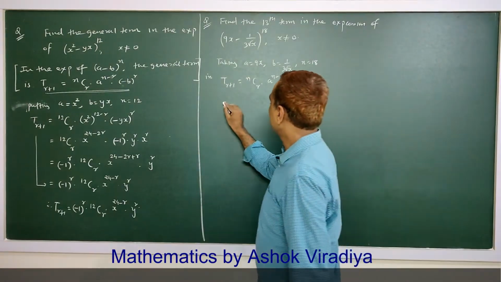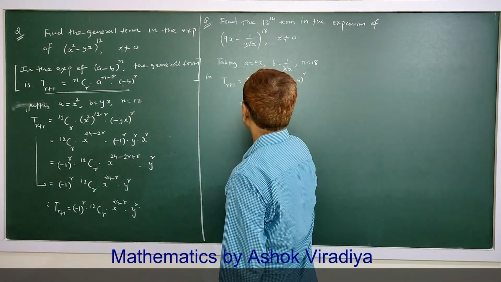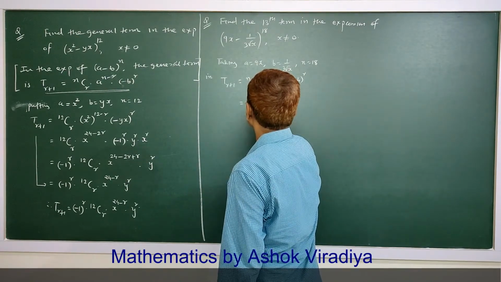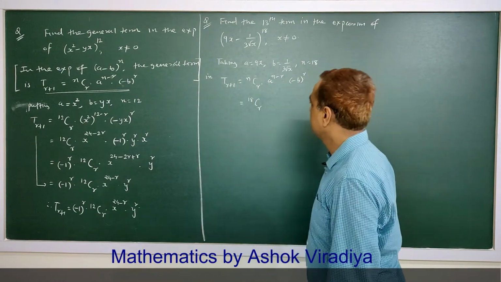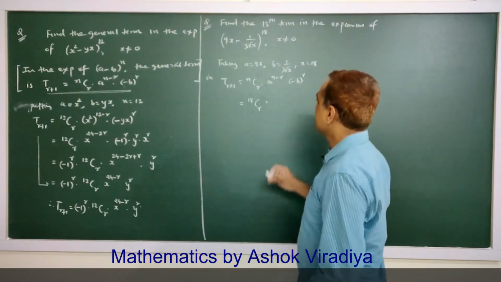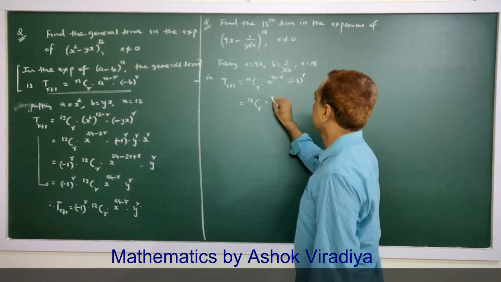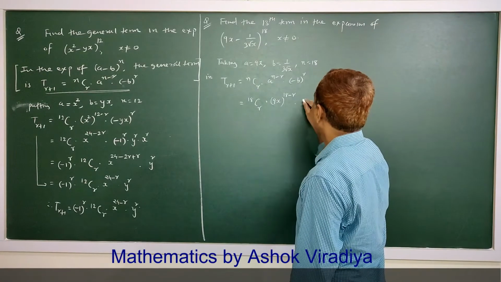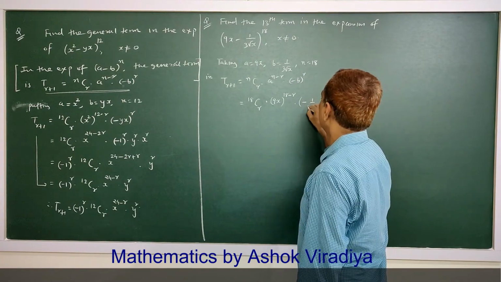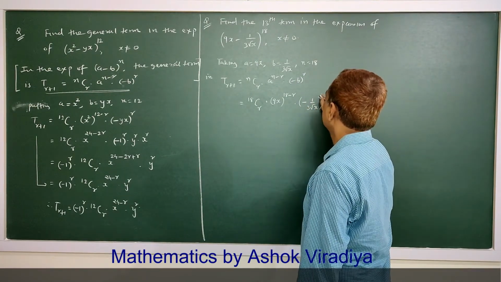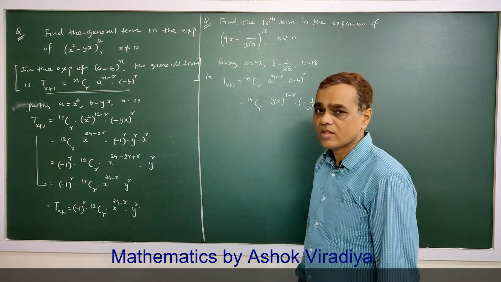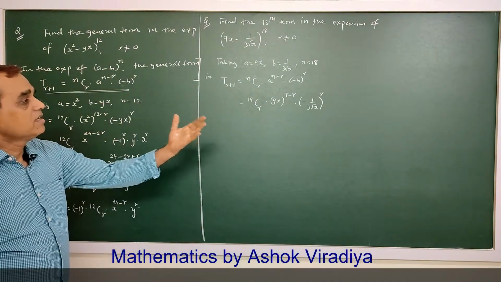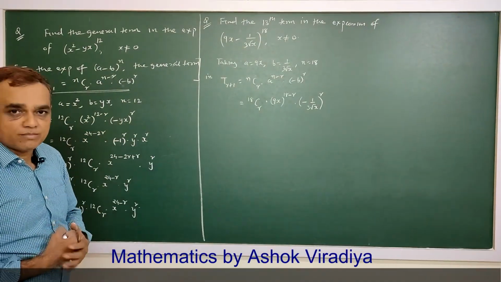So putting the values here, it is equal to 18cr into a is 9x, raised to 18 minus r, into minus b, so minus 1 upon 3 root x raised to r. Simplifying this, we can calculate the r plus 1th term.